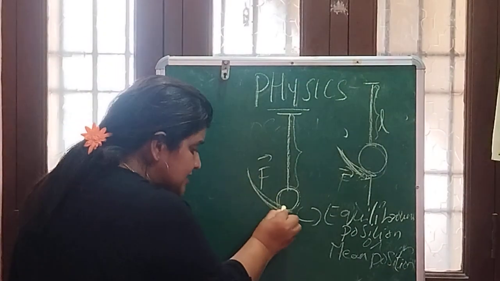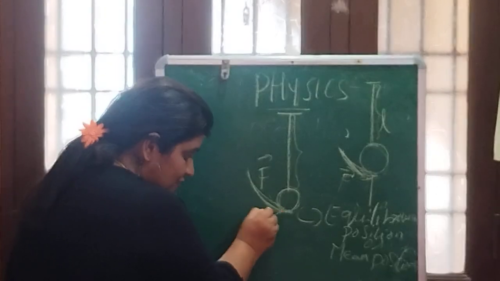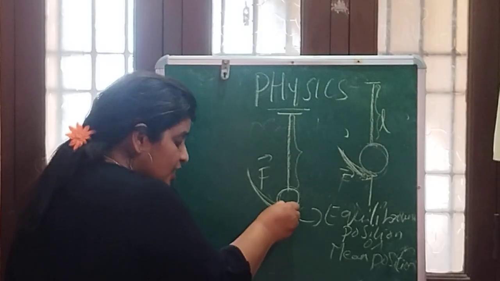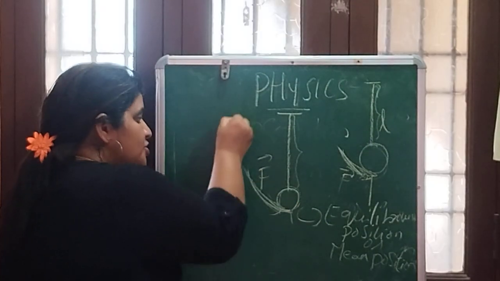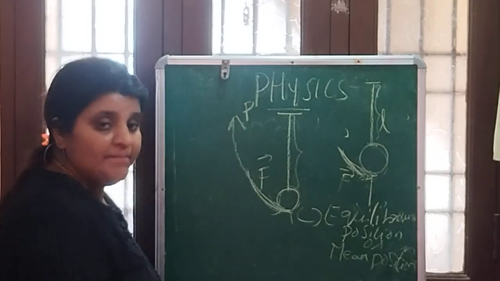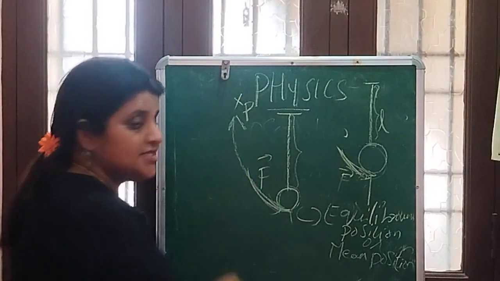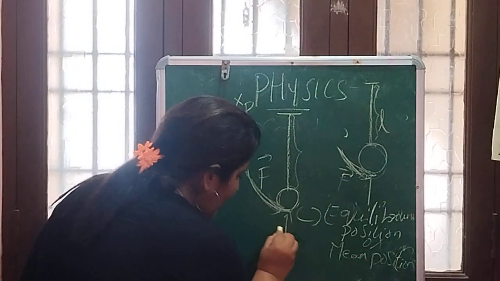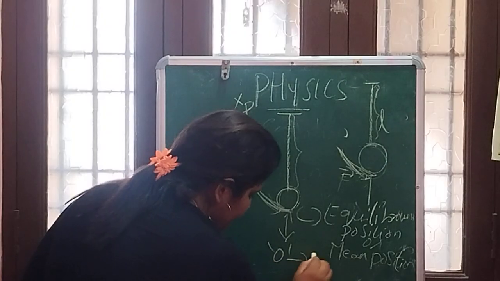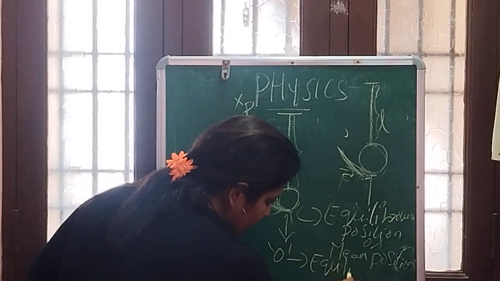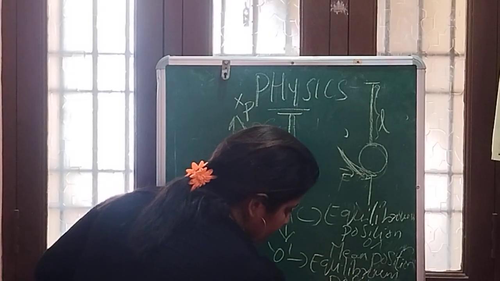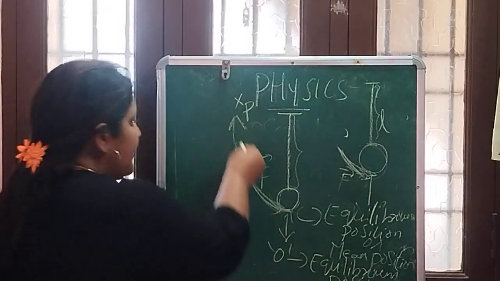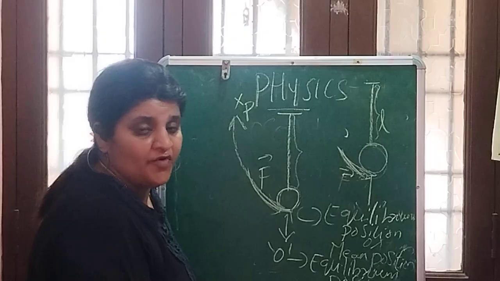So by applying external force on this bob of mass M, we are taking the bob from its equilibrium position to another extreme position P. Here O I am taking as the equilibrium position of the bob, and P I am taking as the extreme position of the bob.